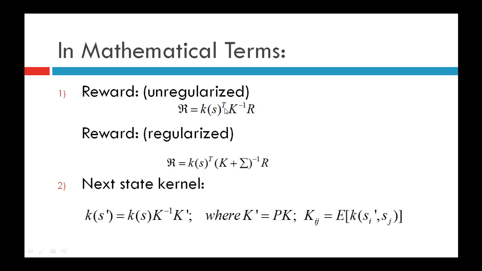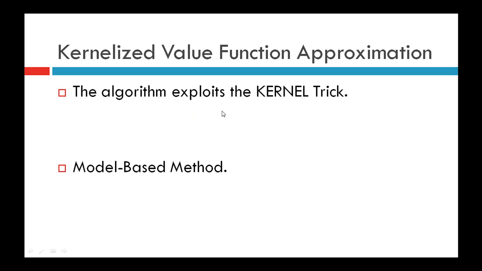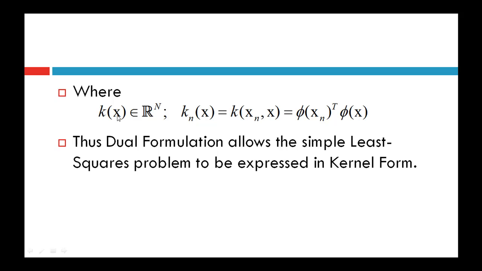And k of S is given by this expression k of X. Here k of X is basically phi of xn transpose phi x, where xn represents the training instances used for finding the solution for the vector nu, and likewise for k of S this would be phi of Sn transpose phi s, where the Sn are the sampled states that were used to find the solution for the weight vector nu.